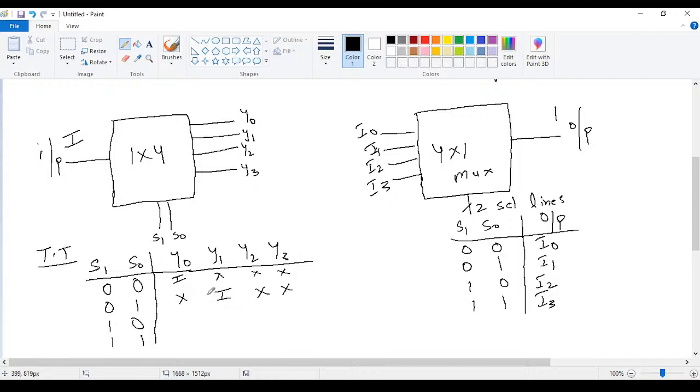If you don't want don't care conditions and want something else, we can make them zeros also.